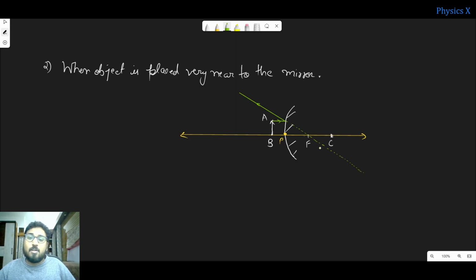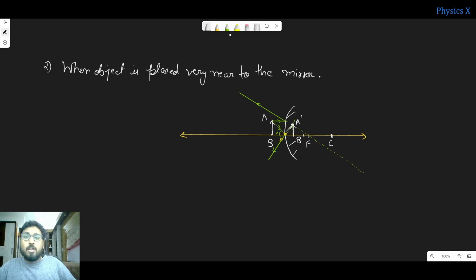And the second thing is, suppose I consider this as the incident ray, making an angle with the principal axis, then a similar angle it will be making on reflection. If I back trace this, you can see that these reflected rays are meeting here.